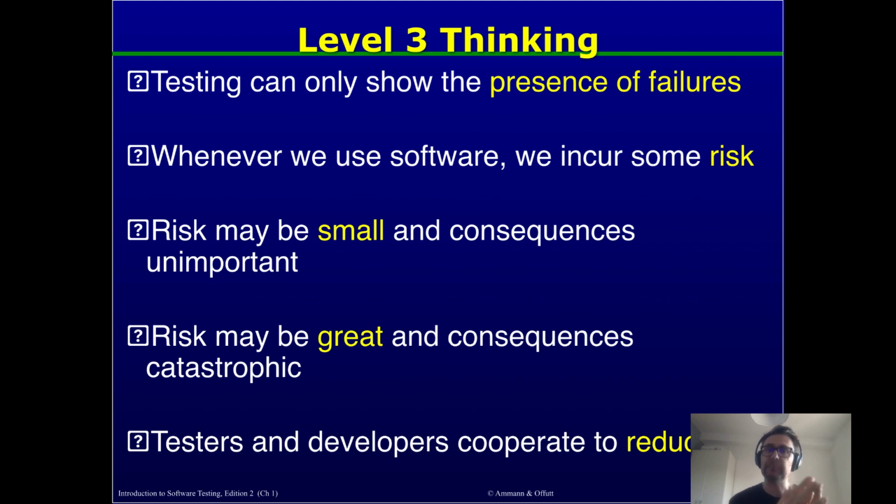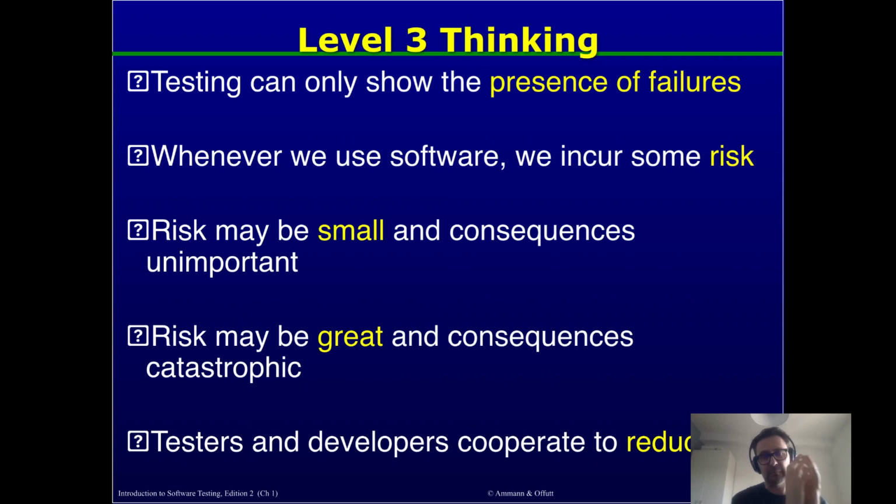And level 3 then, we are fully aware that testing can only show the presence of failures, but of course it can help us build confidence in the quality. But there's always going to be some risk left, right? We cannot prove for any complex piece of software that all of it is correct. So it's about trading off: what kind of remaining risk do we have?